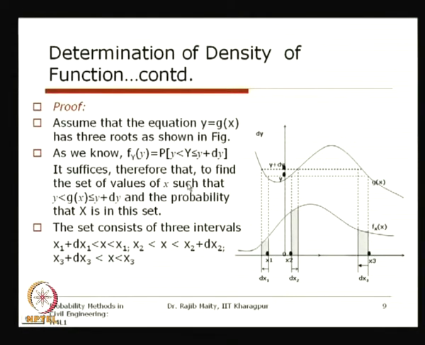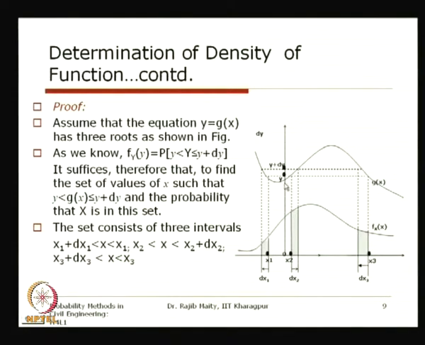This proof is for the general case, and here we have taken 3 such roots. So basically we are assuming that at a particular value of y we are getting 3 different roots.